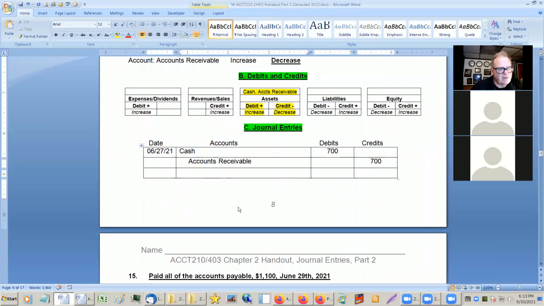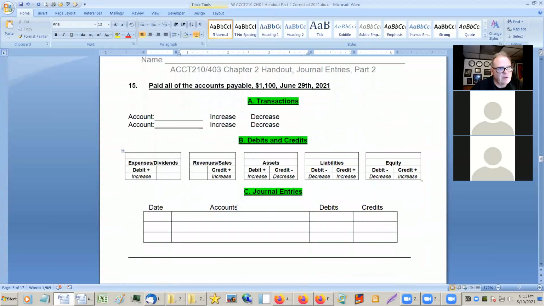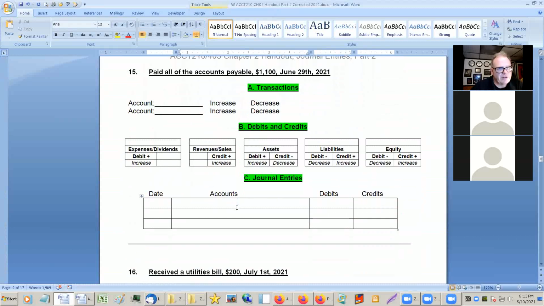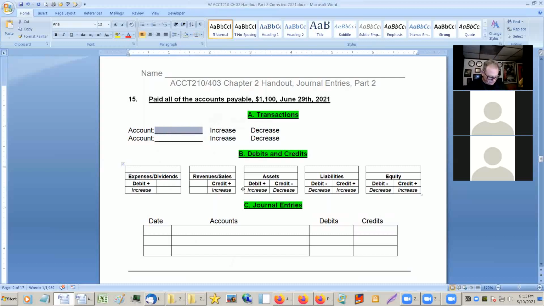So again, we had one similar to that, or close to it. Paid all of the accounts payable, 1,100. What are you gonna do with that one? Cash and accounts payable are both decreasing.